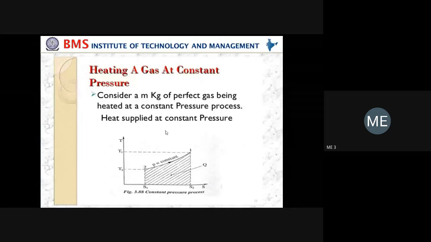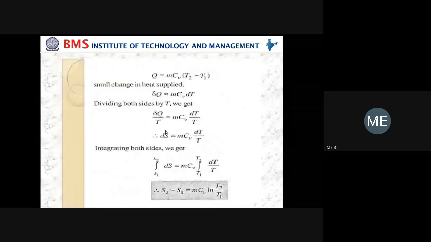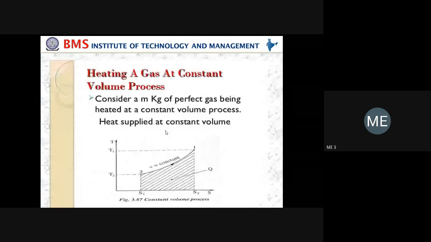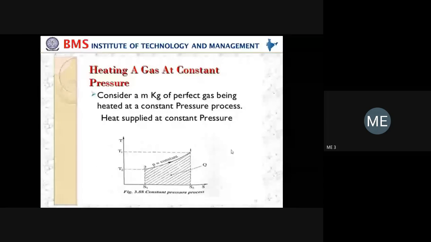Like in work done, the nature of PV curve for isothermal, adiabatic and polytropic remains the same, in the TS diagram also the nature of curve for constant volume and constant pressure is the same. There is no change in nature of curve.